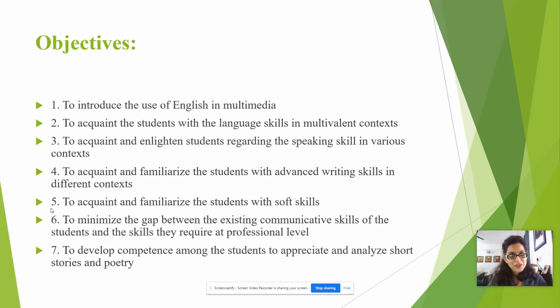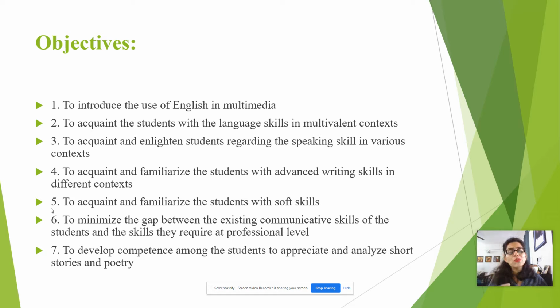The primary objective of the course is to introduce the use of English in multimedia. Then, to familiarize the students with language skills in multivalent context, because we realize that for science graduates, your language application is going to be very different from the language application of a student studying humanities or a student of literature.